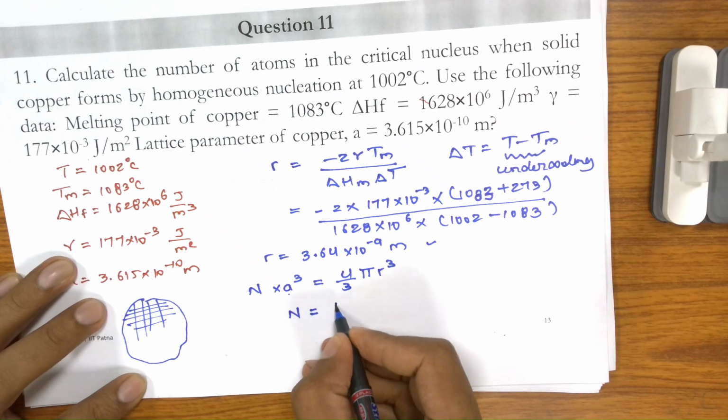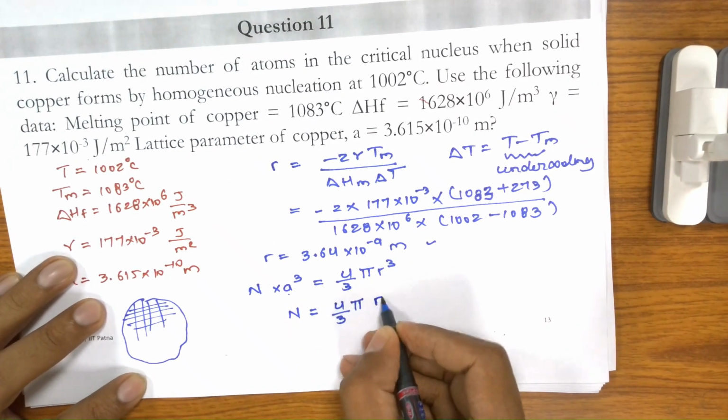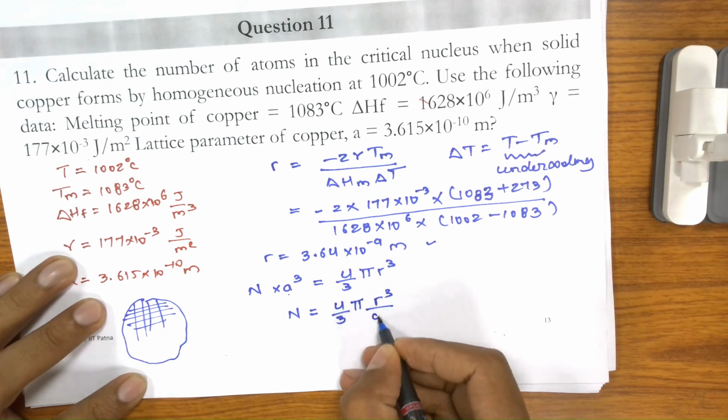Let's try to do that. It will be 4 over 3 pi r cube divided by a cube.